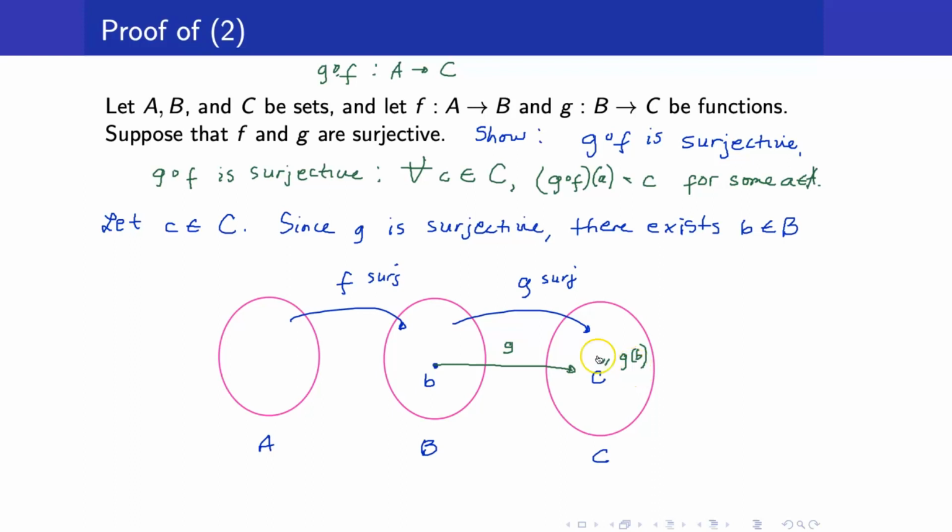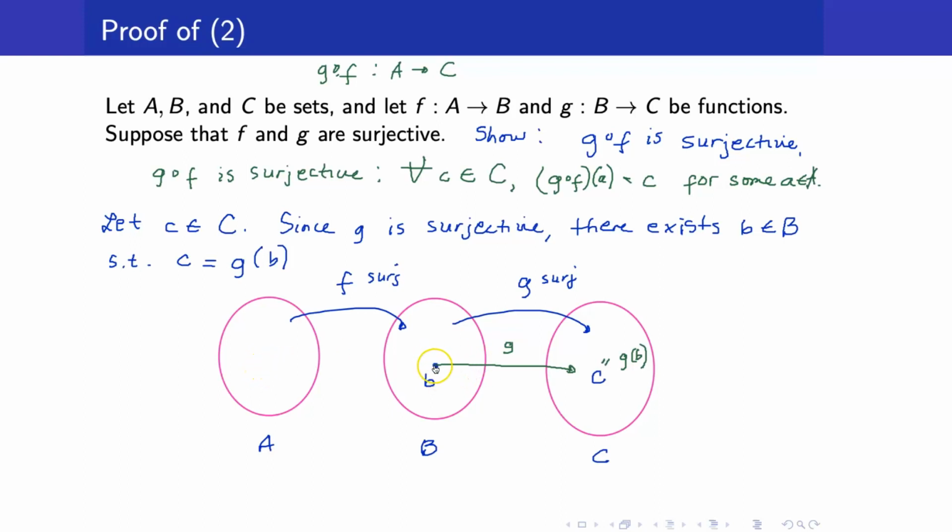There are no extra elements. There exists B in B such that my C is equal to G of B. But remember, what is it that we want? We want to find an element in capital A such that C is the image of an element of A under the function G circle F.